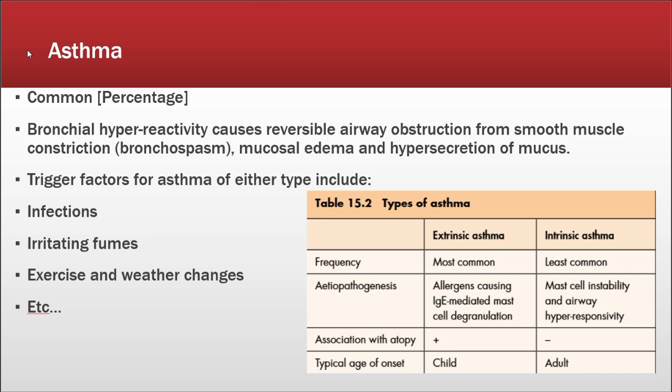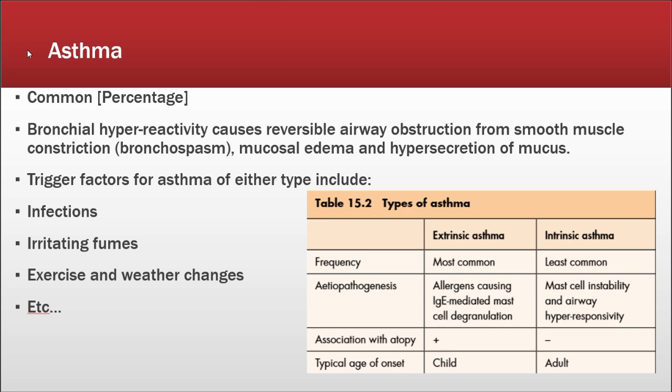Now, there are multiple things that can cause or trigger asthma: infections, irritating fumes, exercise, weather changes, anything that might cause an allergy. Now, we have two types: the extrinsic and the intrinsic type. The extrinsic is mostly in children, and it's the most common type.